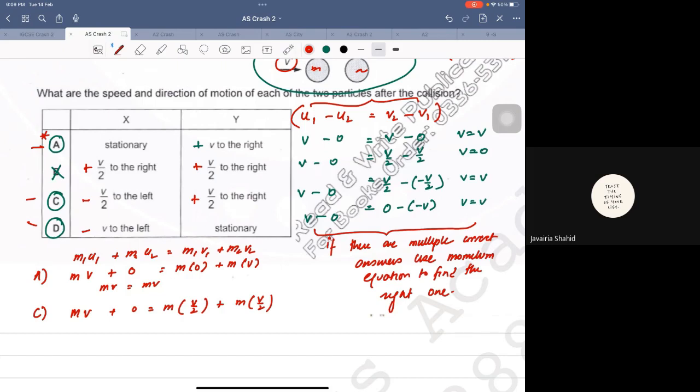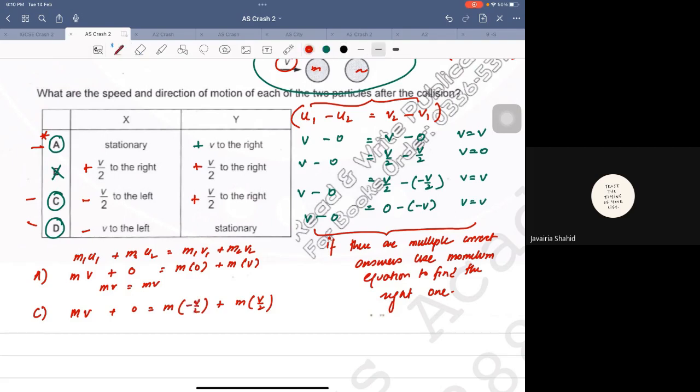Sir, also in C, it's negative. Sorry, come again. Oh, nothing. Anyway, they're to the right. That's fine. Sorry, I used the other equation. My bad. It should be negative v2. Now it's correct.